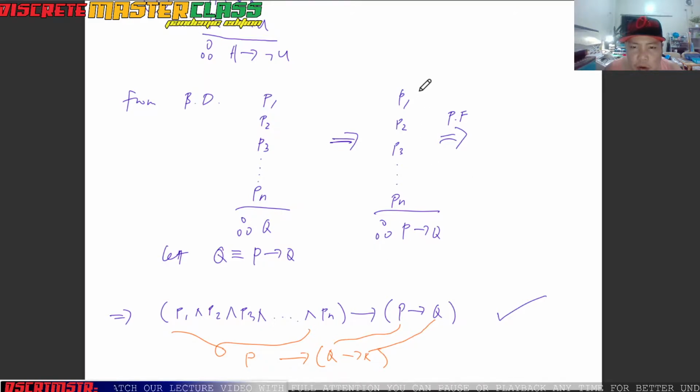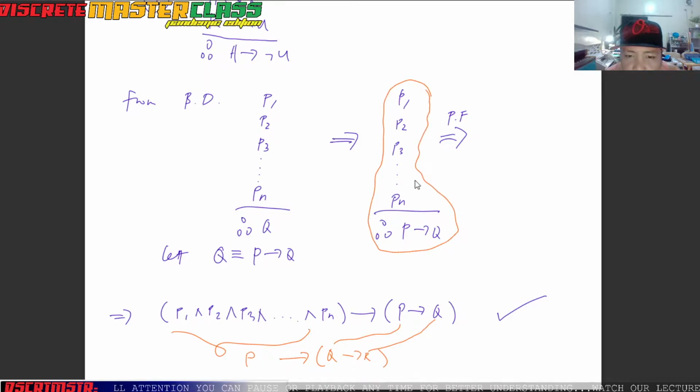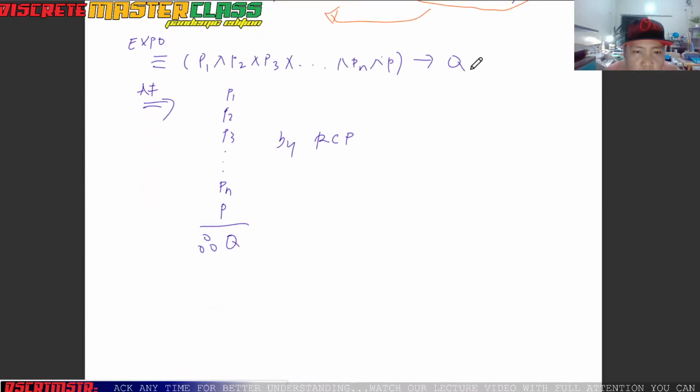So, kung mapapansin mo, pag binigyan ka ng ganitong form ng argument, makikita mo yung P na part ng conclusion, in particular, this is the premise of the conclusion, ay pwede mo palang isama pataas na instead of proving P implies Q, you are now only proving Q. You are now only proving Q by RCP.